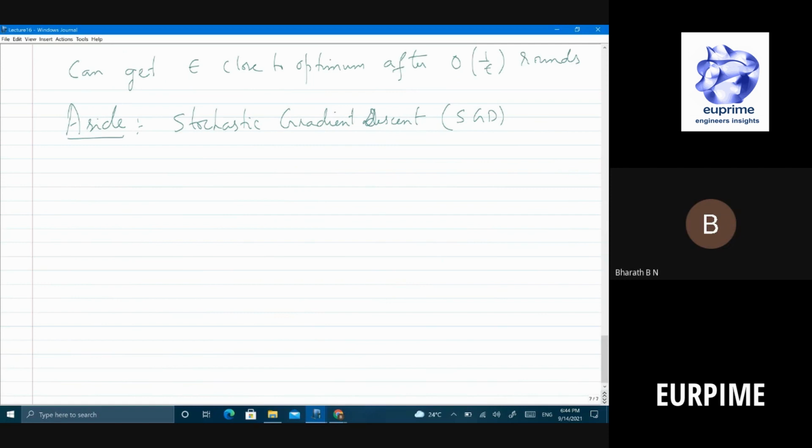For example, if you have X transpose QX, you look at the gradient of that, it will always give me QX. For a given X, it will always give me QX. It won't give me different values. That's called deterministic, no change. What is stochastic? Suppose I ask you to find the gradient at a point X now, you'll give me something. If I ask a little later, you'll give me something else, right? It's noisy, it fluctuates. Why does it fluctuate?